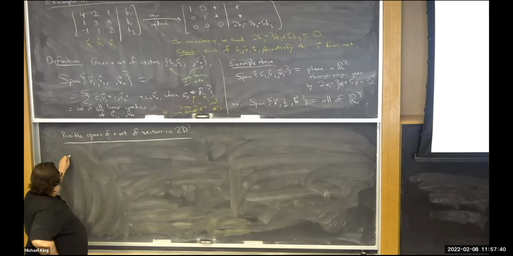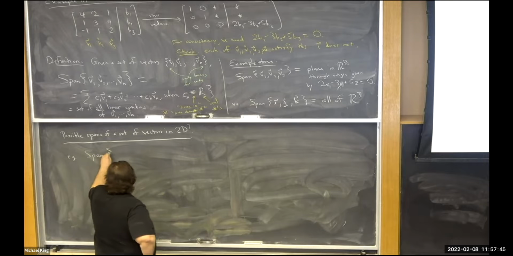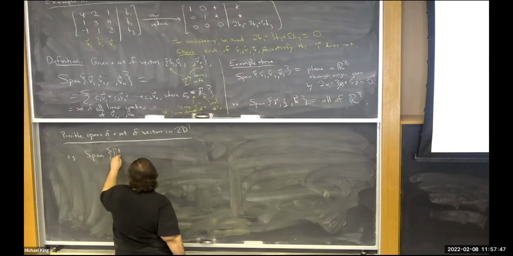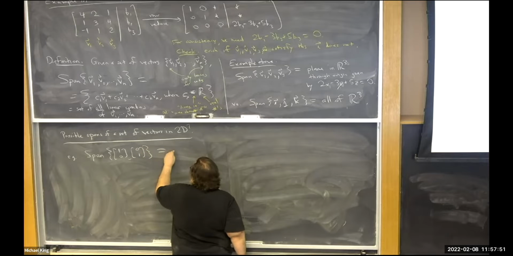For example, you could have the span of i and j, so let me just say (1, 0) and (0, 1). That's all of R2, right? That's the whole plane.